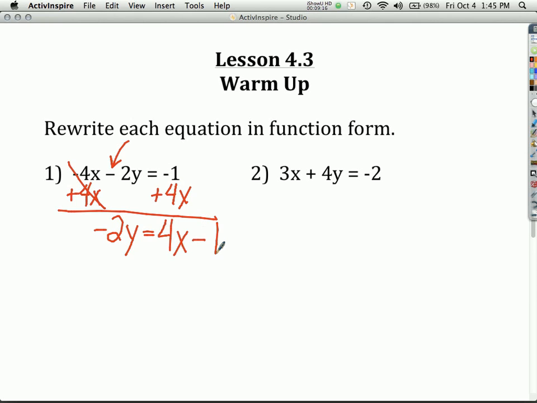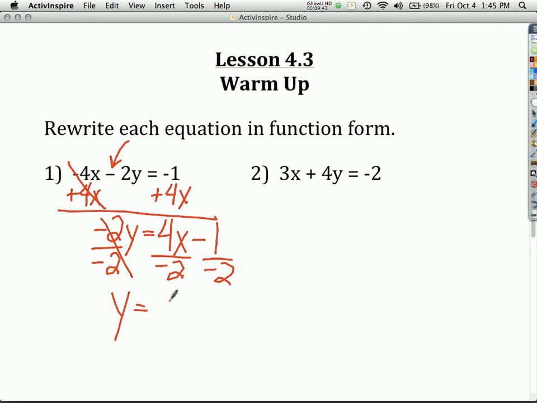So that's what you get after step number 1. What's the next step? Maria? Divide negative 2 by each term. I love the way you said that. Divide everything by negative 2, and this is how you were taught to do it. And so that is my expectation. This cancels out, and you get y equals. And now you get 4 divided by negative 2.